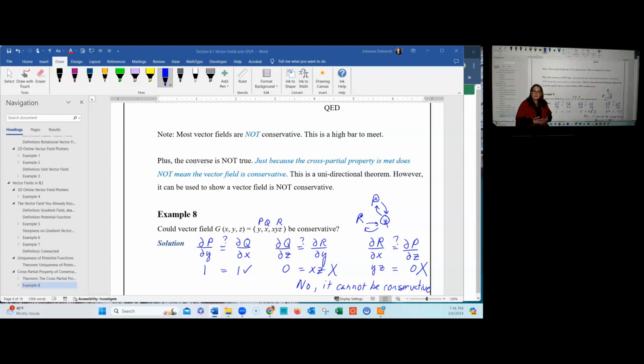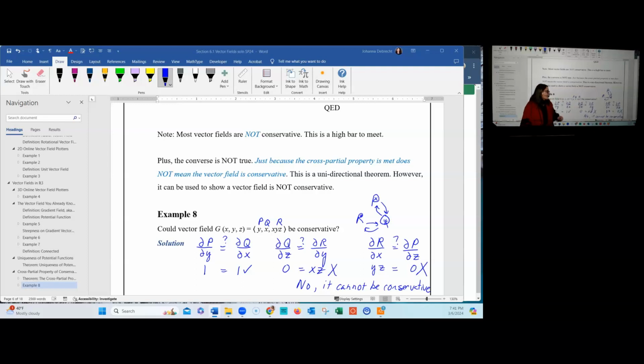Because it fails the second cross partial, we know that there is no way it can be a conservative vector field. All conservative vector fields pass all three parts. If it fails one part, it's definitely not conservative. I went ahead and did the third one for completeness, but it's not necessary.